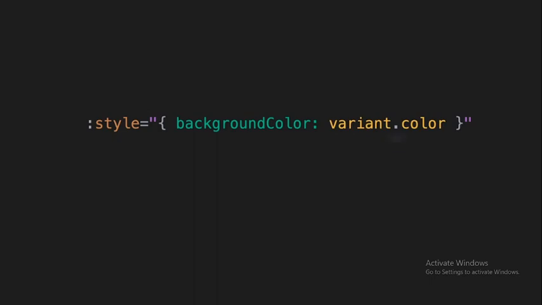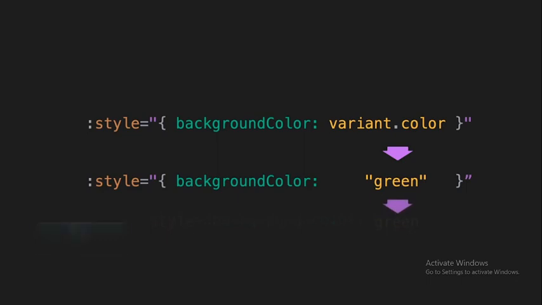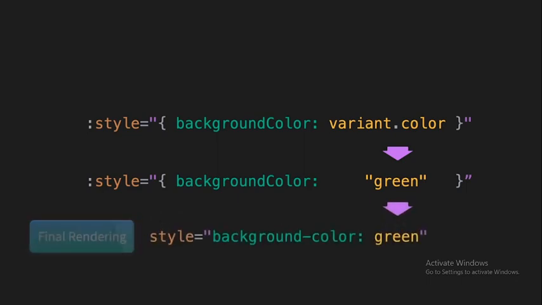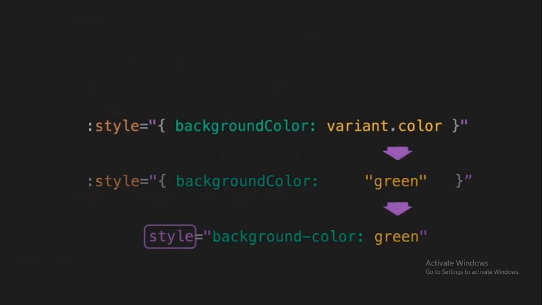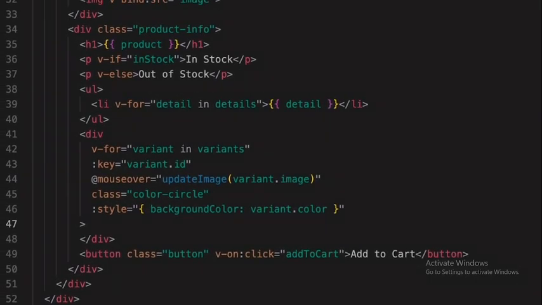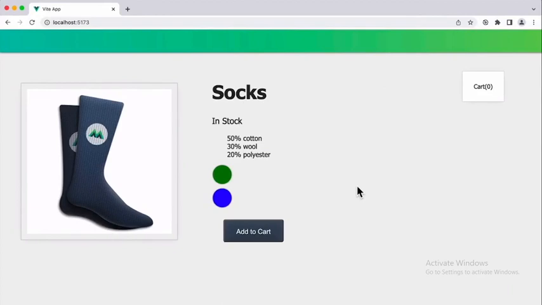Variant color will be rendered as one of the color names. The final rendering will be this. Notice that the style binding became the normal style attribute. In the browser, you should see two new color circles.